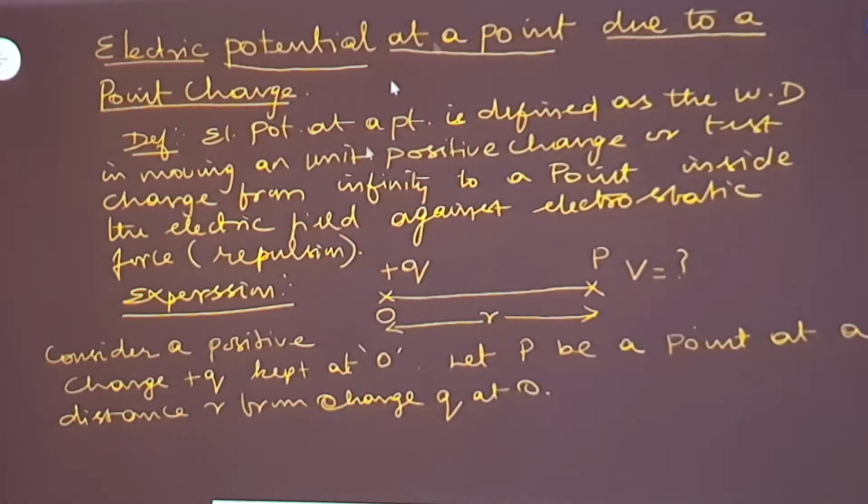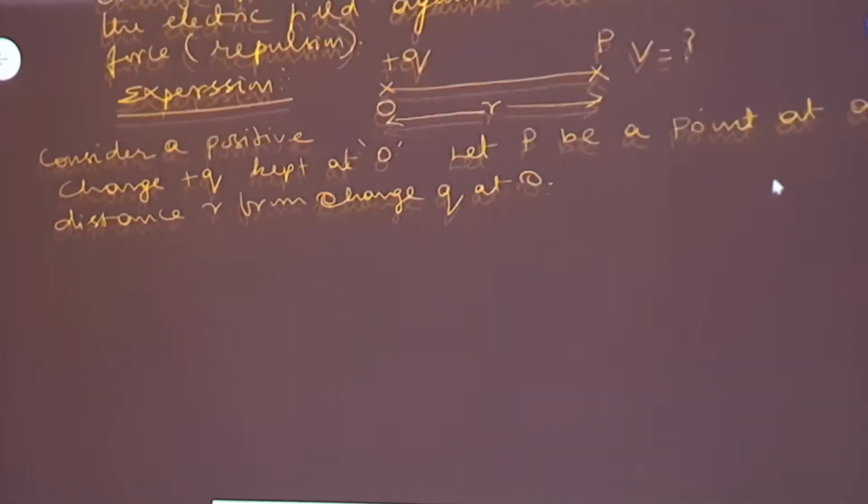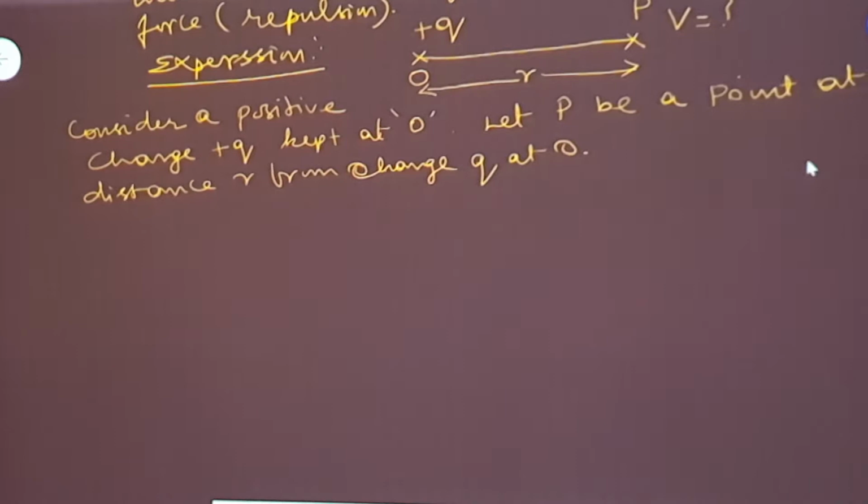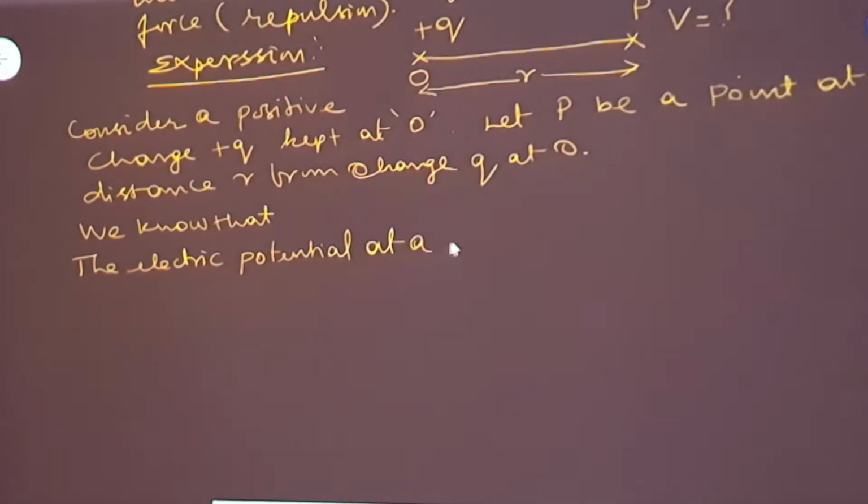See, already in our previous class or in our previous question regarding the potential energy, we have derived the electrical potential at a point in a simple equation. So we know that the electric potential at a point, here the point is P, is given by, what is that formula?